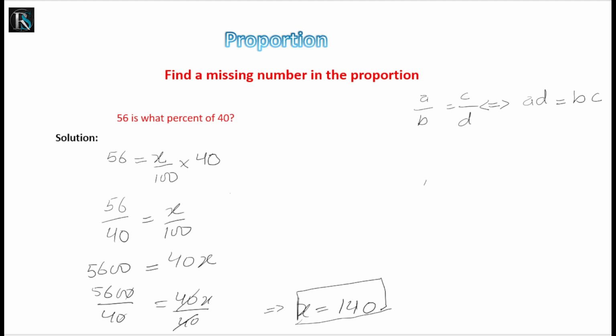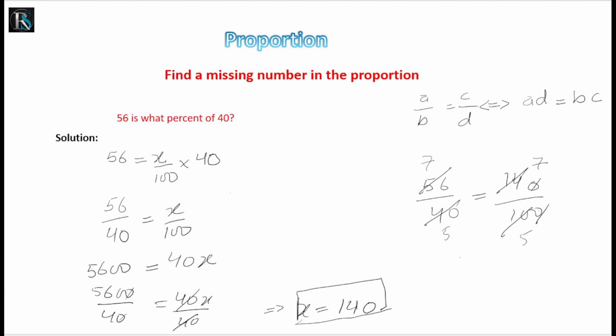For that, let us do that. 56 upon 40 is equal to 140 upon 100. So here we can easily simplify it. We will cancel this 0 with this one and we'll get here 2 7 times 14 into 5 times 10, and here 8 5 times 40 and 8 7 times 56.